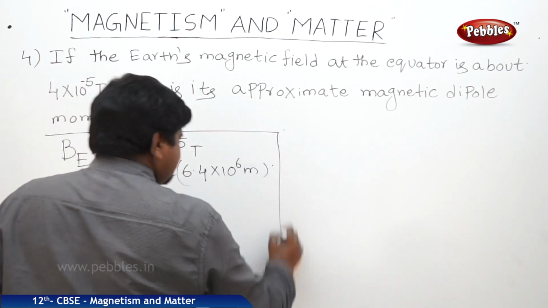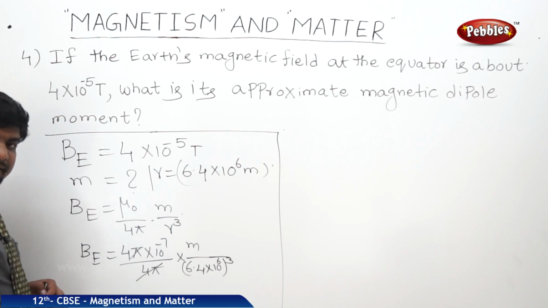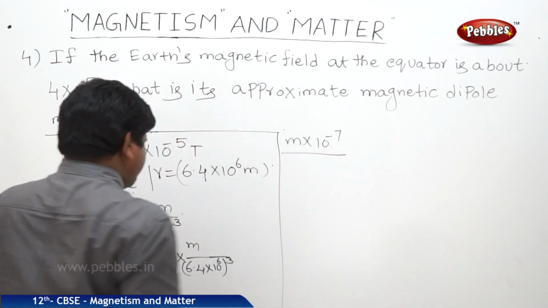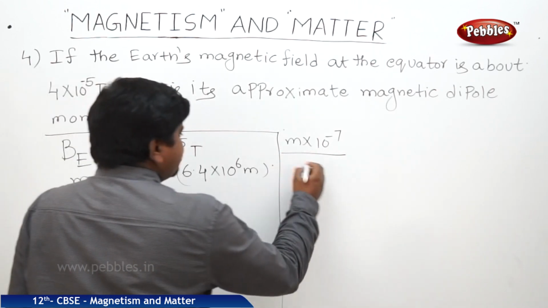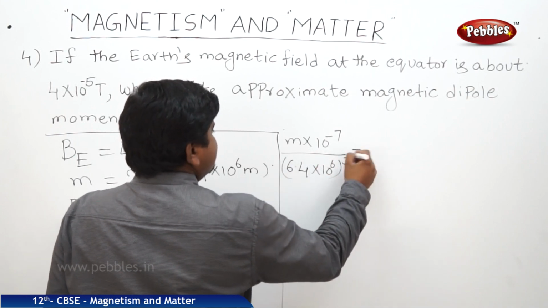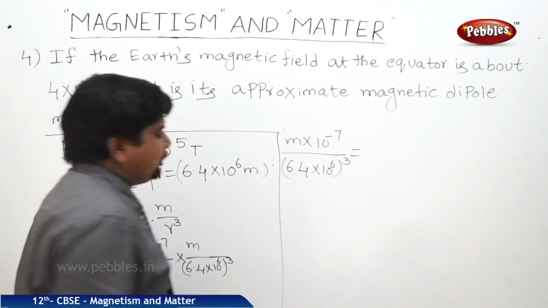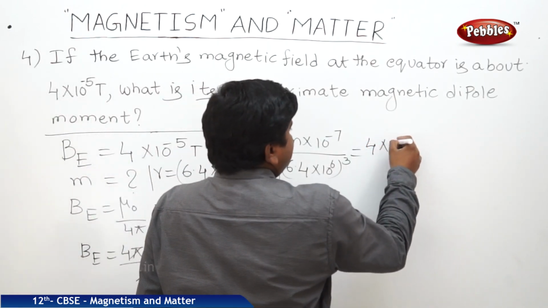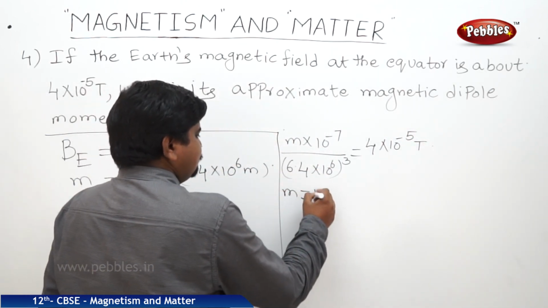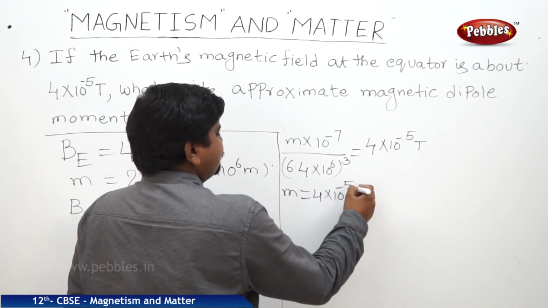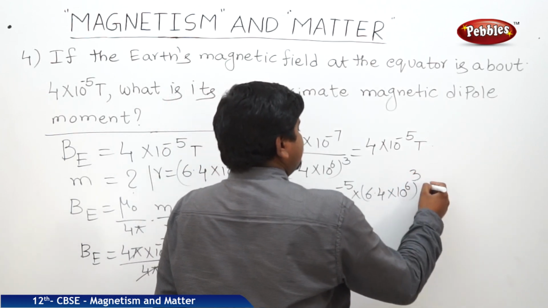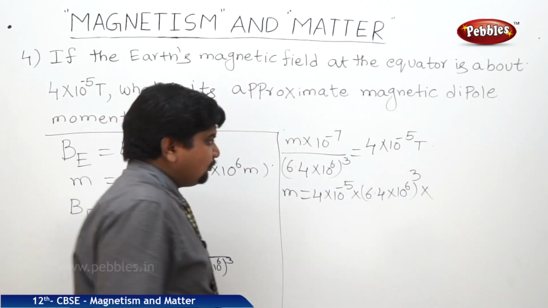If this is the case, 4 pi and 4 pi get cancelled. So M into 10 to the power of minus 7 by 6.4 into 10 to the power of 6 whole cube is equal to BE. What is BE? 4 into 10 to the power of minus 5 Tesla. So from this, M is equal to 4 into 10 to the power of minus 5 into 6.4 into 10 to the power of 6 whole cube into 10 to the power of 7.